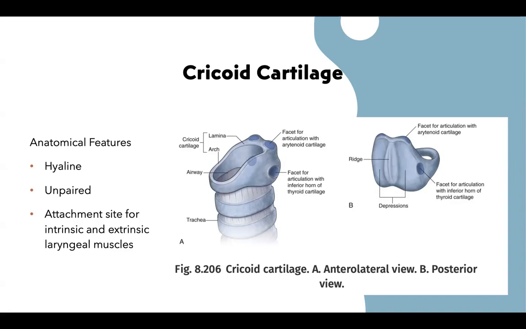One facet is on the sloping superior lateral surface of the lamina and articulates with the base of arytenoid cartilage here, and the other facet is on the lateral surface of the lamina, near the base, and it articulates with the medial surface of the inferior horn of thyroid cartilage, as you can see here. So superiorly, it articulates with the arytenoid cartilage and inferiorly with the thyroid cartilage.